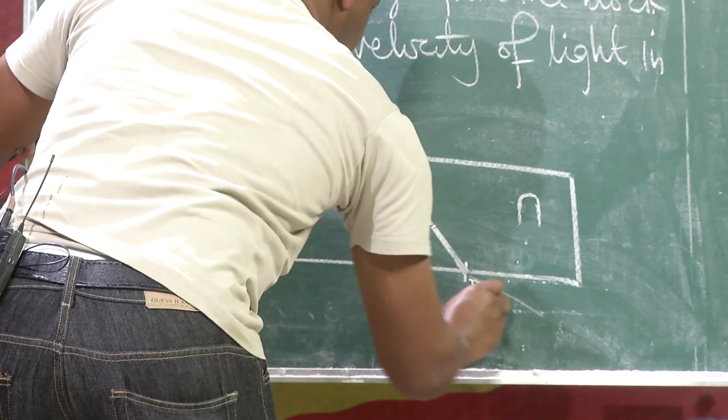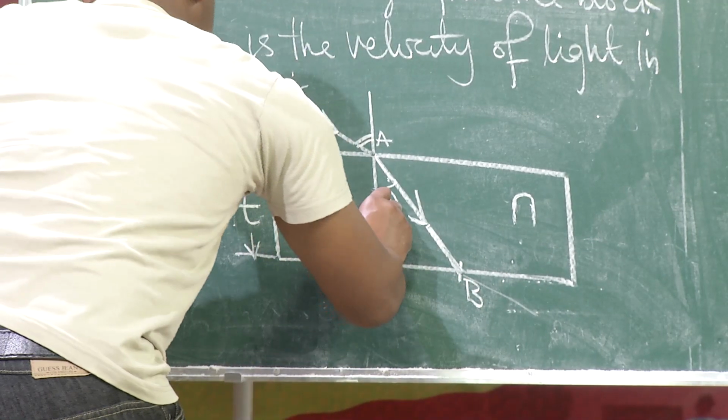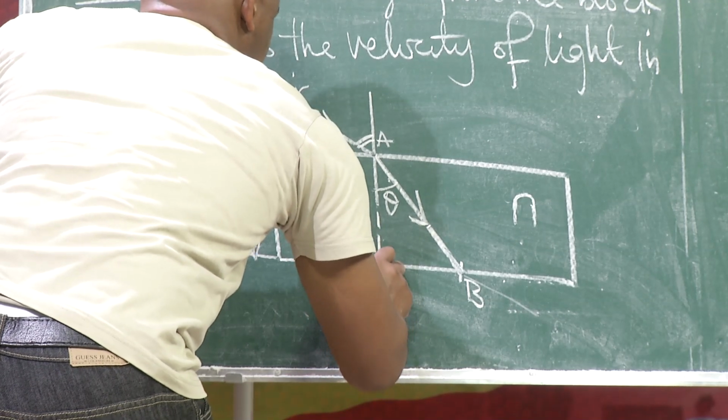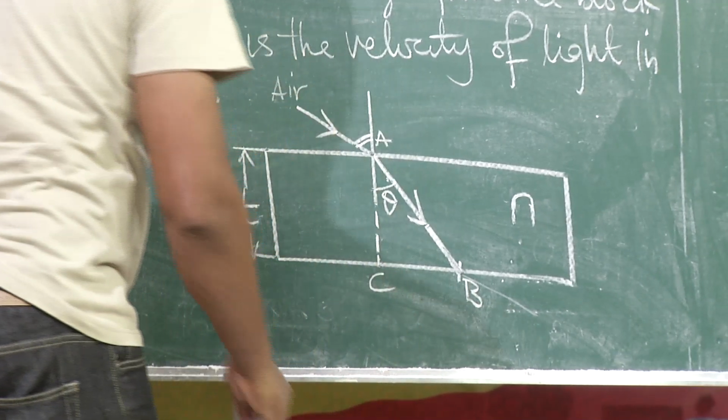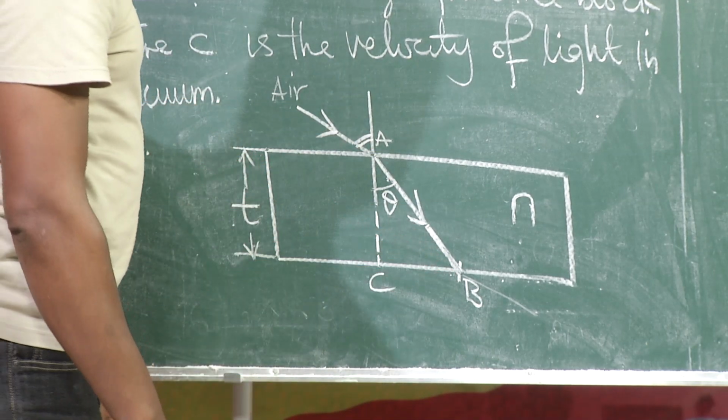If we call this point A and this point B, and I'm going to call this C, our interest is to find distance AB.